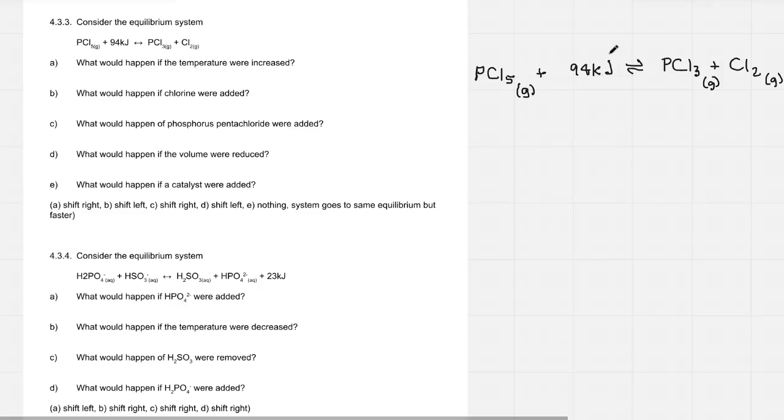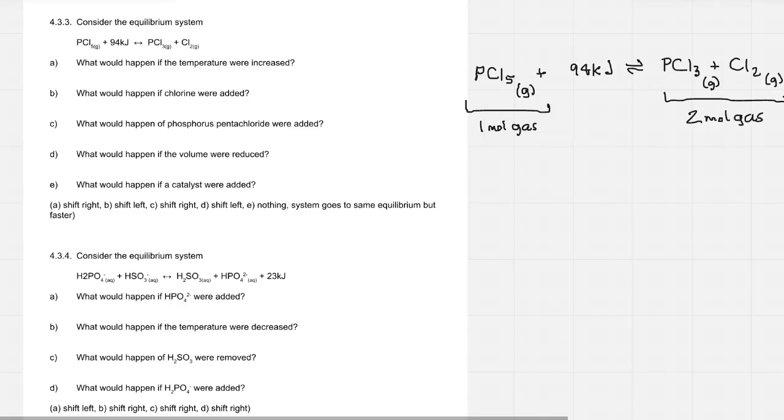If you reduce the volume of a system, like it's in a container and you physically crush it and force it to get smaller, the system says, over on my left side, I have 1 mole of gas. But if I'm on my right side, that's 2 moles of gas.